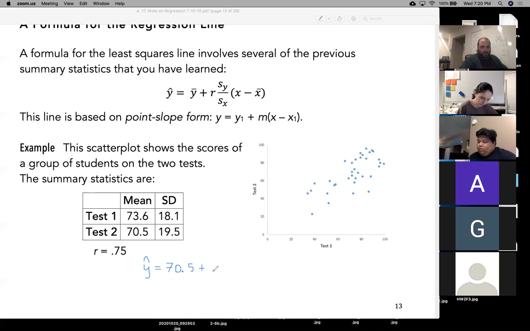Can we write out the whole equation first? Yes.